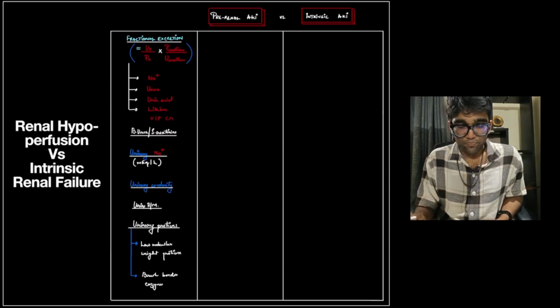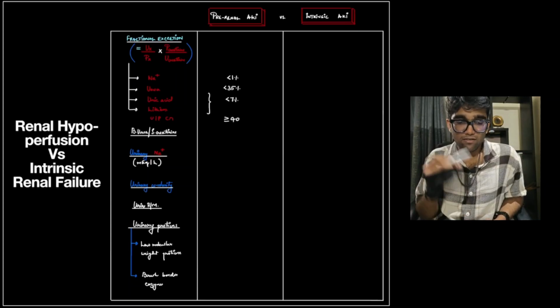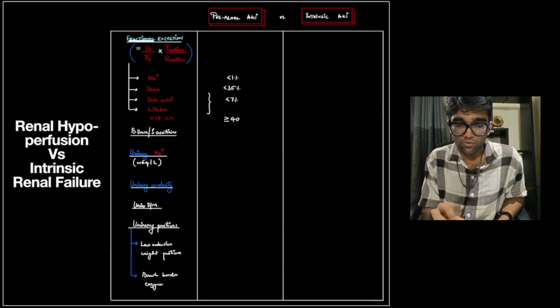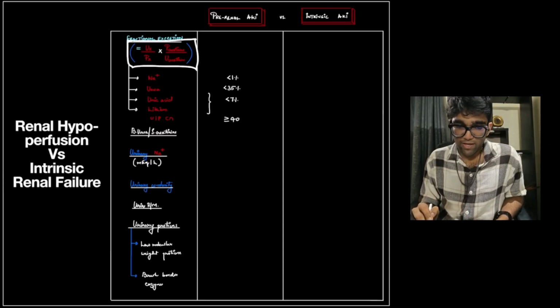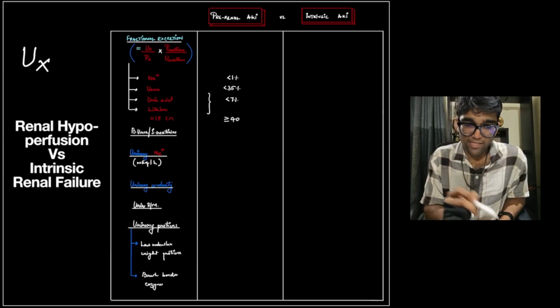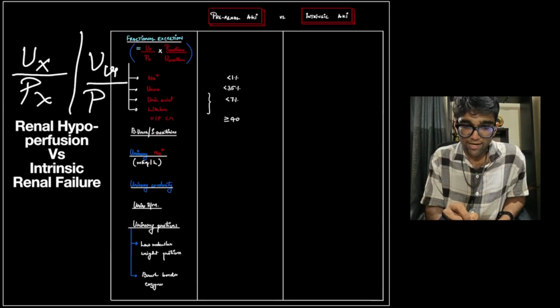Okay, so if it is a prerenal AKI, there is very significant sodium reabsorption, urea reabsorption, uric acid reabsorption, and we compare that to that of creatinine. How we do that is by taking the ratio of the concentration of the metabolite, say the metabolite is X, in urine, and dividing that by the concentration of the metabolite in plasma, and then dividing the whole thing by the concentration of creatinine in urine divided by the concentration of creatinine in plasma.